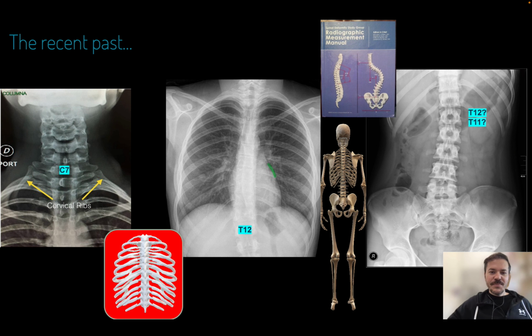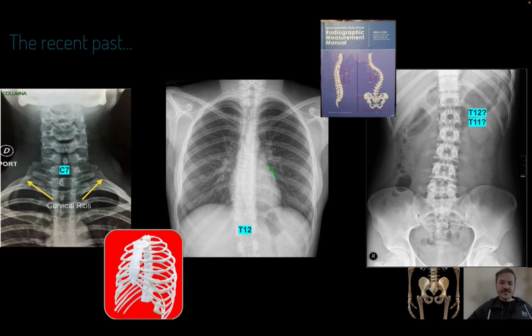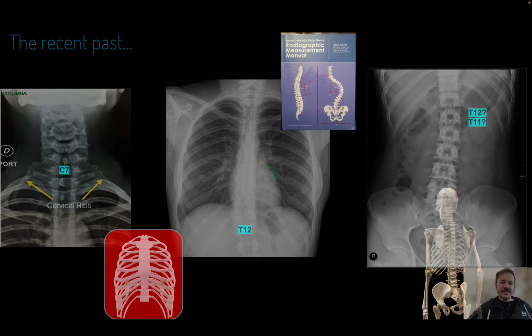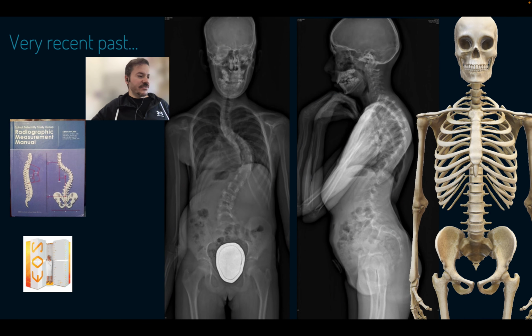After that, we had these X-rays for 2 or 3 decades, showing the spinal column as a whole. Actually, we have more than this.